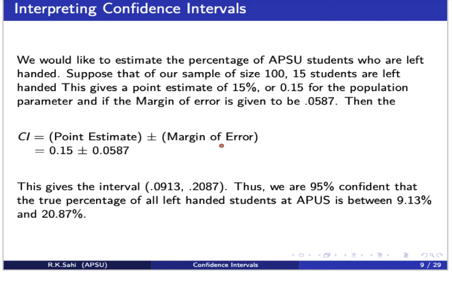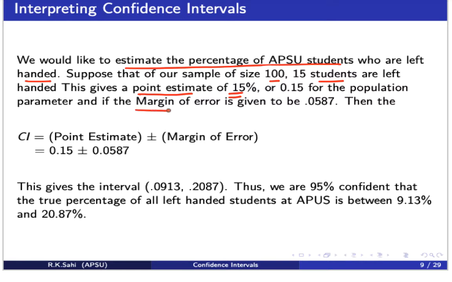So once again, I'm going to recap the example I did last time in my other video. We would like to estimate the percentage of APSC students who are left-handed. Suppose the sample size is 100, and out of those 100, 15 are left-handed. Hence, the sample proportion, or the point estimate, is 15% for the population parameter.